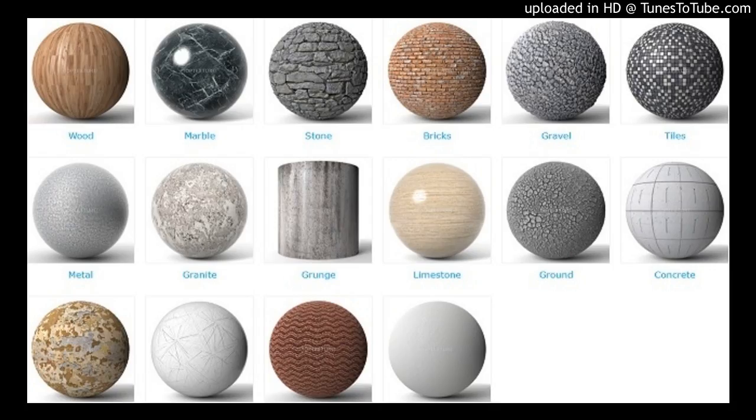To convert to an editable object or collapse the stack, right-click on the object or right-click anywhere in the view with the object selected. And you'll get a pop-up menu. It's called the quad menu because it could potentially have 4 sides to it. We're only seeing 2 of those right now. In the quad menu in the lower right corner is Convert To, and you can convert to different types of objects.